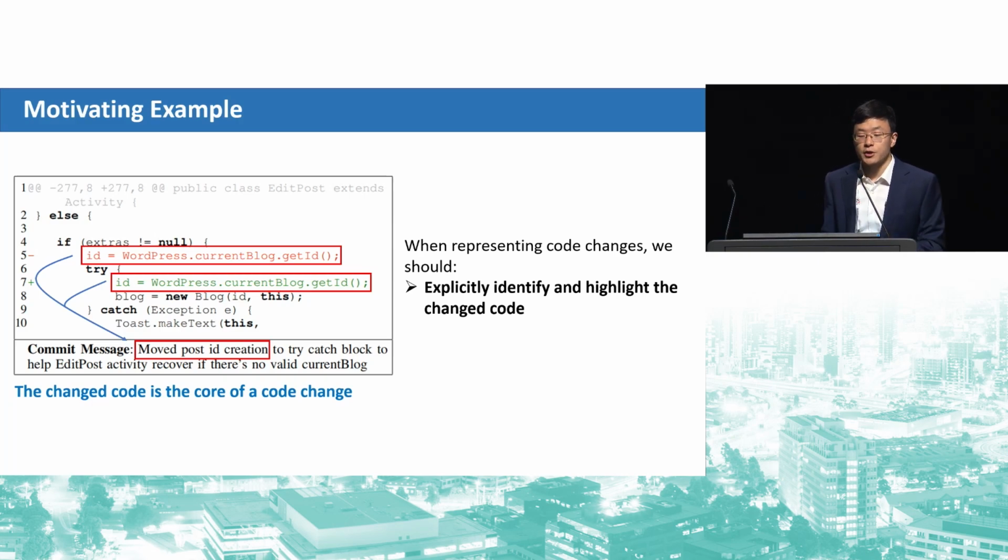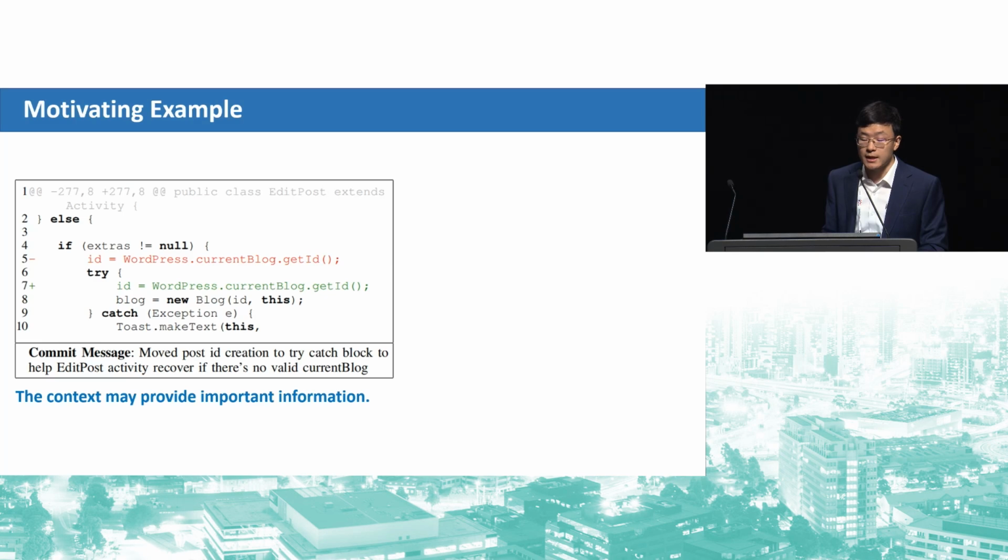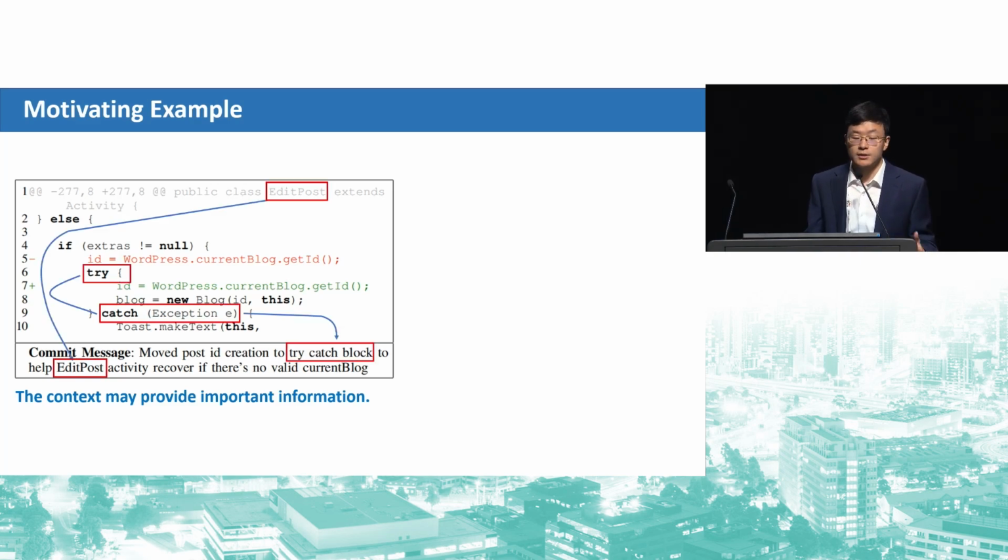Another observation from this example is that the context may provide important information, which is also somewhat intuitive. In this example, if we only focus on the changed lines, line 5 and line 7, we cannot know that this post ID creation is moved into the try-catch block, and we cannot infer the intent of this commit, which is to recover from errors.